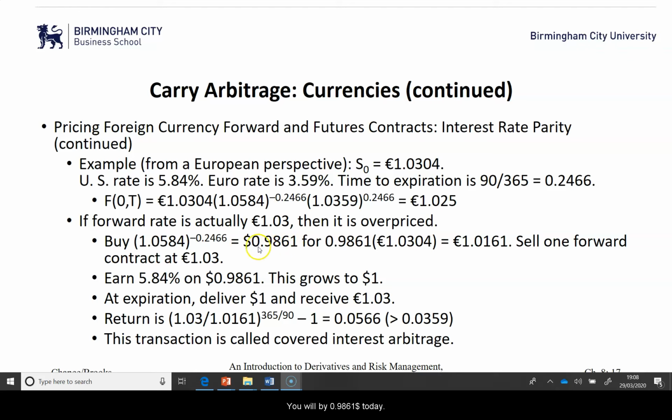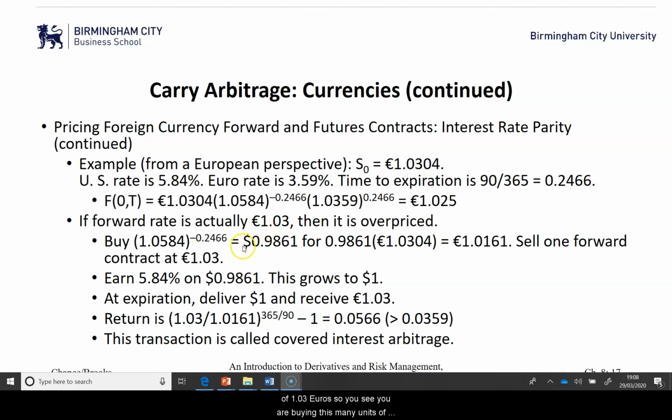$0.986 today for 1.0161 euros, and then you will sell one forward contract at the forward price of 1.03 euros.